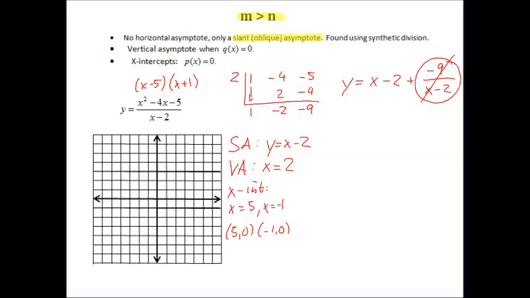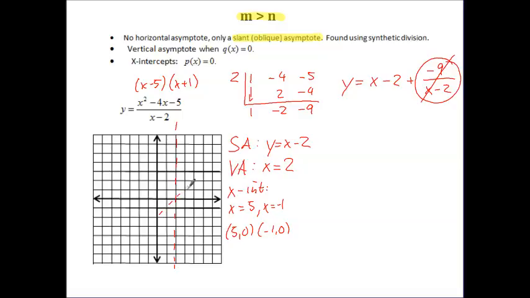So let's put into our coordinate plane what we have. We have a vertical asymptote at +2. We have a slant asymptote, which is like a linear function. y is equal to x minus 2. That means we start at a y-intercept of -2, and then we go with a slope of 1, 1 up, 1 over.